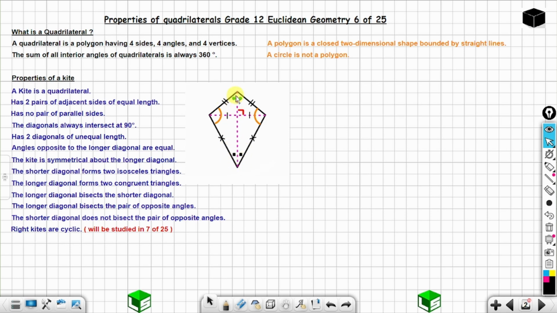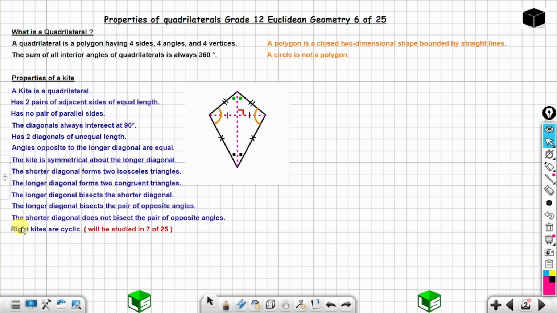This is why I have a green circle and a green circle, meaning this angle is the same as this angle. I have a black square on this side and a black square on this side, meaning this angle is the same as this angle. This is to bisect, to divide into two equal parts.